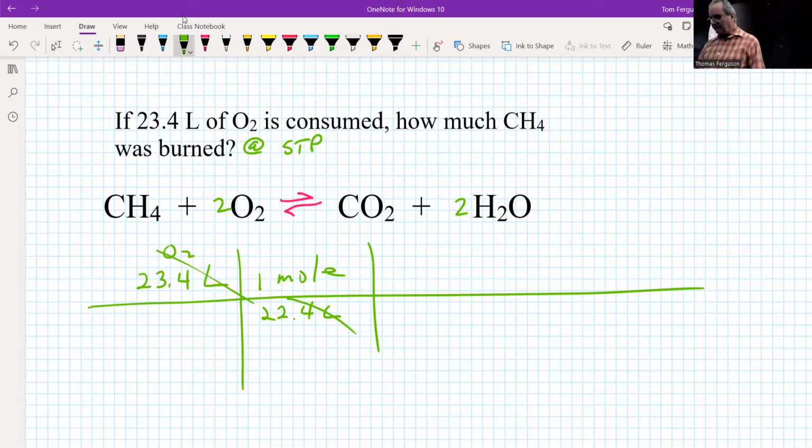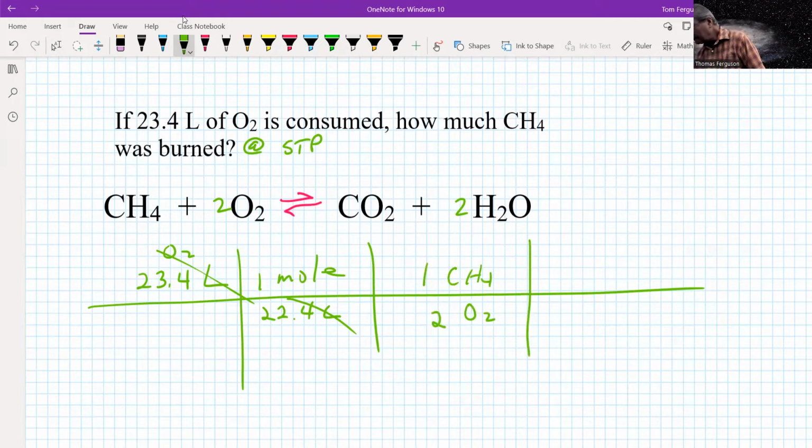Okay, so now we need to convert the moles of oxygen over to moles of methane. So now we have moles of methane. Now we need to convert the moles of methane to grams of methane.